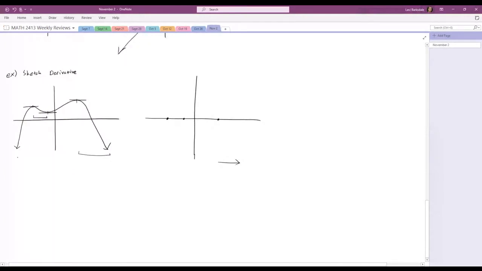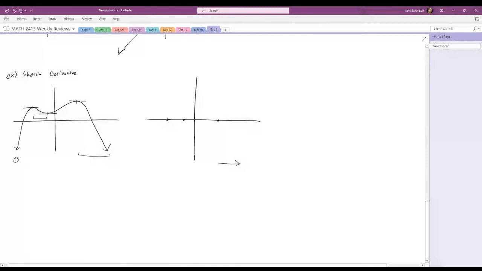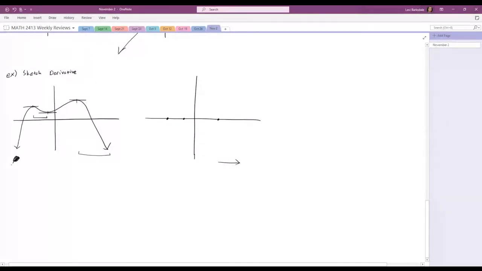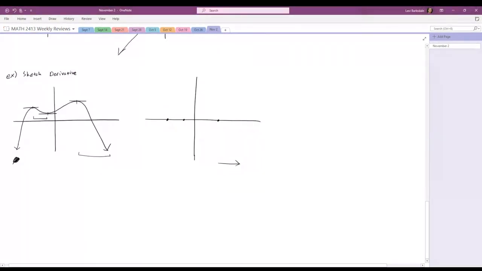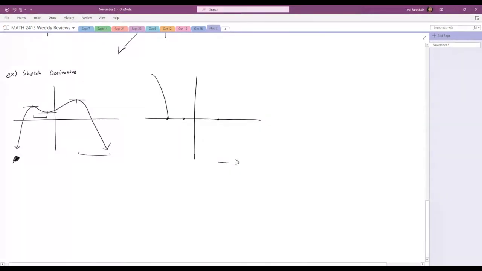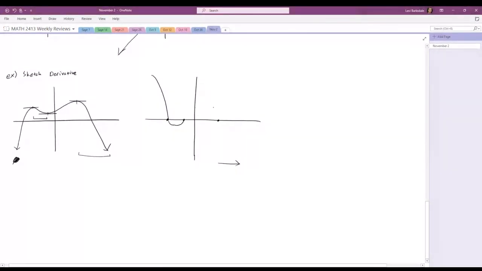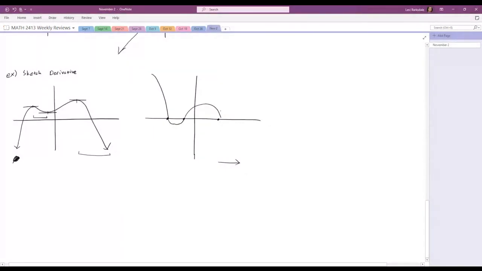And I can see that on this portion, it's positive, and then it switches to negative. So I should have something that starts up here, decreases down until it hits negative. Then on this interval, it should be back to positive. And then moving onwards, it should be negative from here on out.